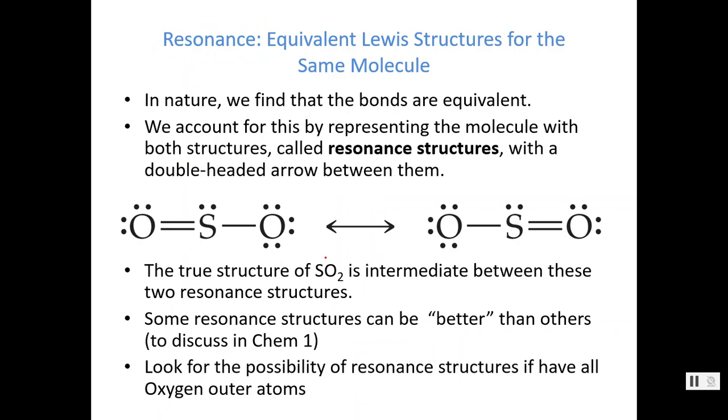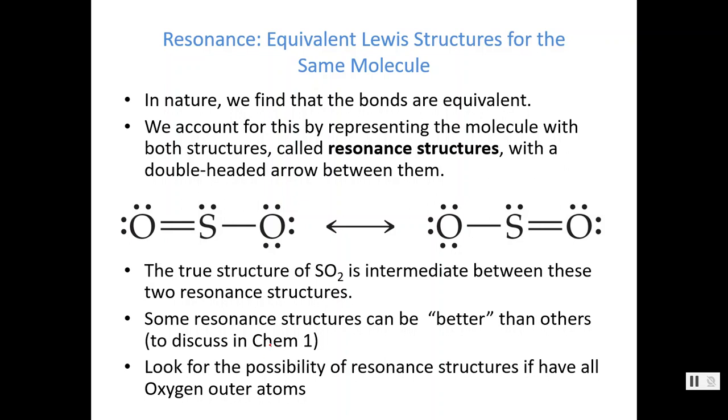Now, you talk a lot more about resonance structures in Chem 1, so obviously we're not going to talk that much about them. On the exam, I'm not going to ask you to draw all possible resonance structures for a molecule, if they even exist.